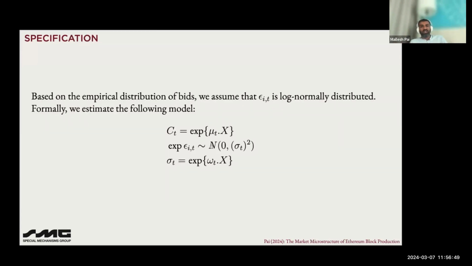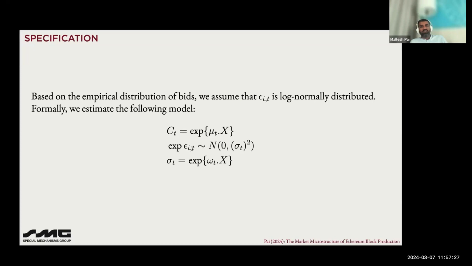Today we're going to do a simple specification. The simple specification is that C_T is just the exponential of mu_T, some unknown parameter, times x. Again, we can easily update this to include squared terms and so on, but at least for our current set, these additional squared terms don't seem to add any explanatory power. We're going to assume that epsilon_iT is log normally distributed, because in the data, the closest well-defined distribution that the bids seem to adhere to is the log normal.